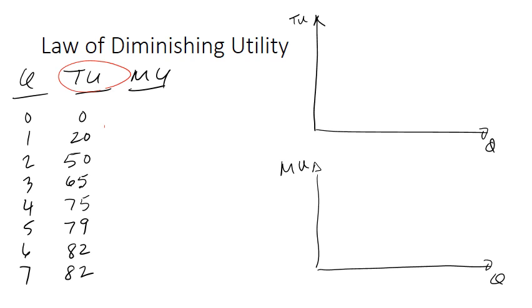And of course, total utility is rising as we eat more and more units of cheesecake. But you can see that it's rising by smaller and smaller amounts. And when we start talking about how much it's rising per unit, we've drifted over into a conversation about marginal utility. And we can see that the first unit here is generating us 20 utils of happiness.